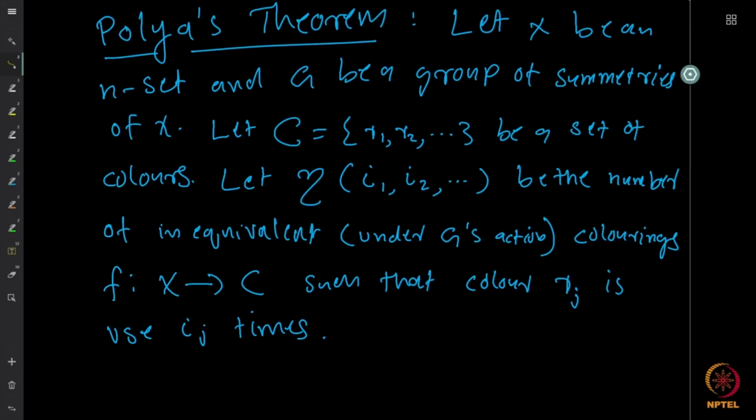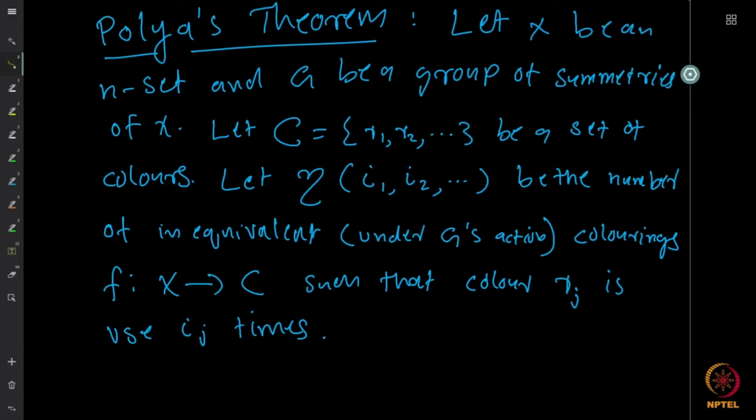So let X be an n-element set and G be a group of symmetries of X. Now, let us consider a set of colors C, which is R1, R2, etc., going on, some set of colors. It could be finite or infinite, but we will just take it to be infinite for the time being.